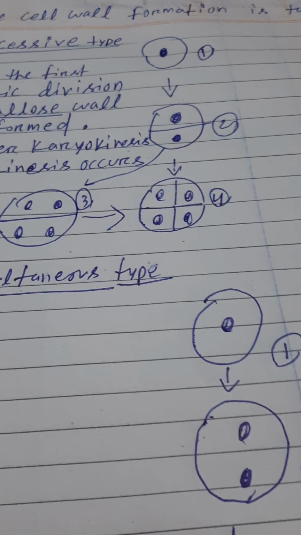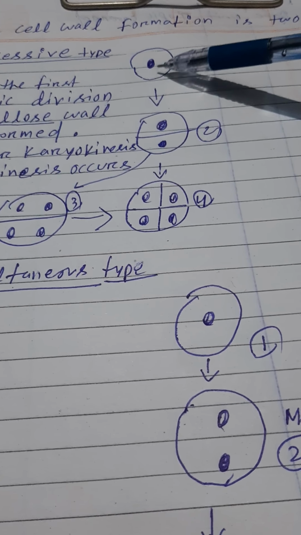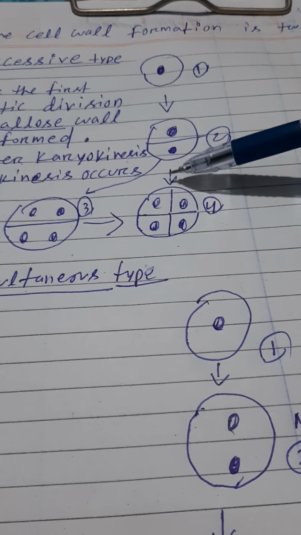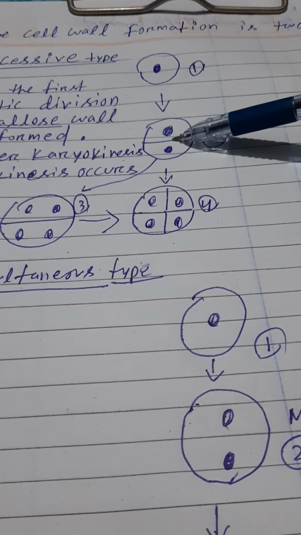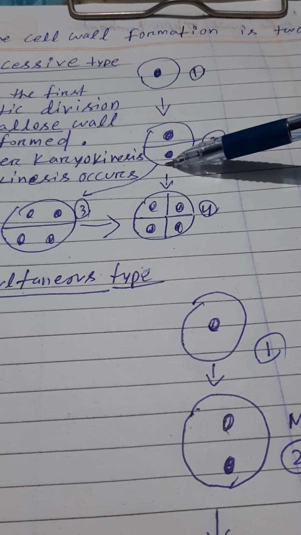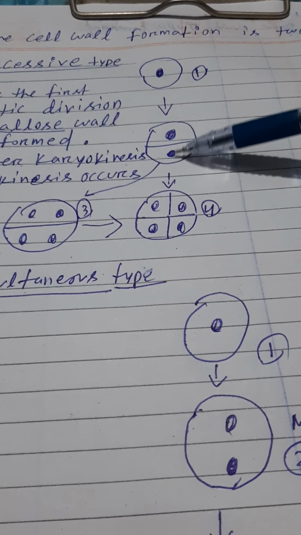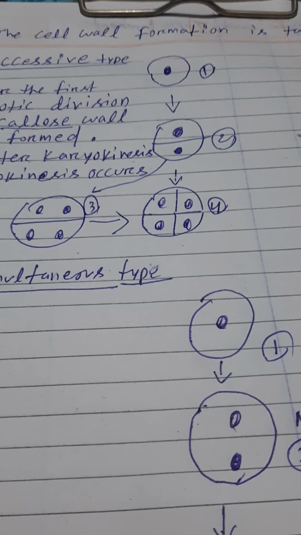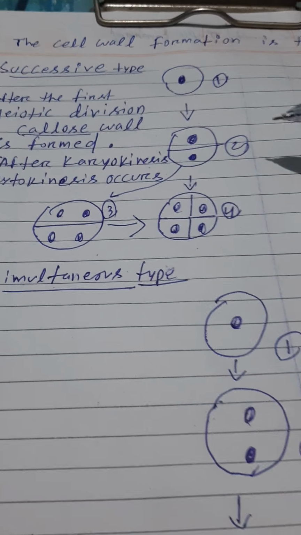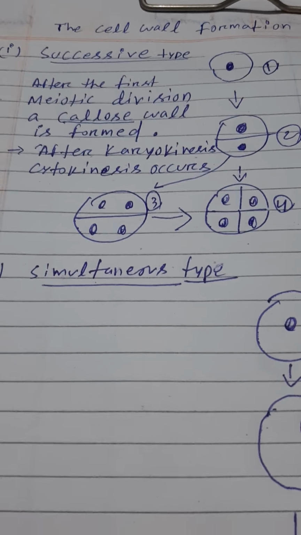Generally, you consider one microspore mother cell. That one microspore mother cell undergoes the first meiotic division, which gives rise to two microspores. In meiotic division, every cell division occurs by two processes. First the nucleus divides, which is called karyokinesis, then it is followed by cytokinesis.